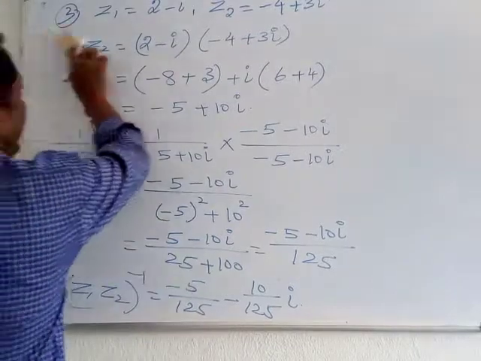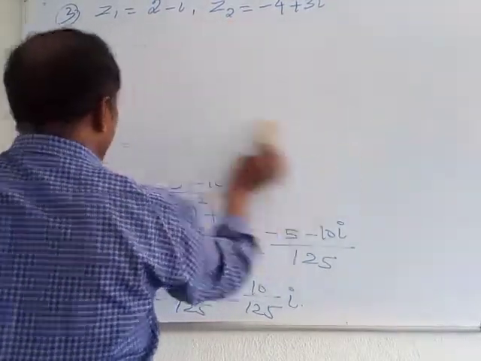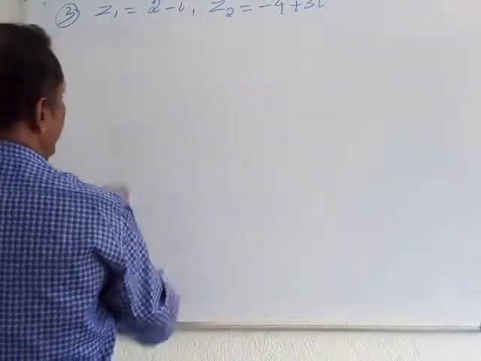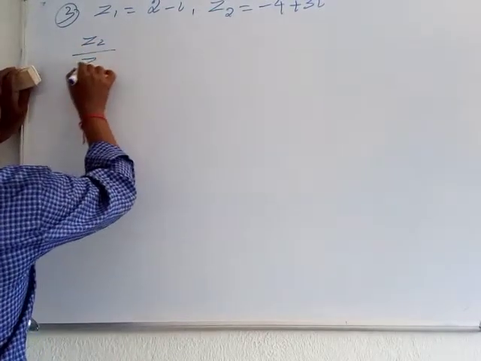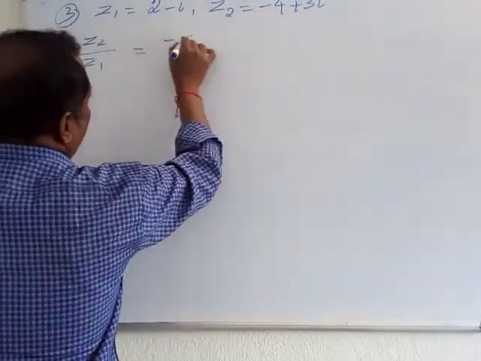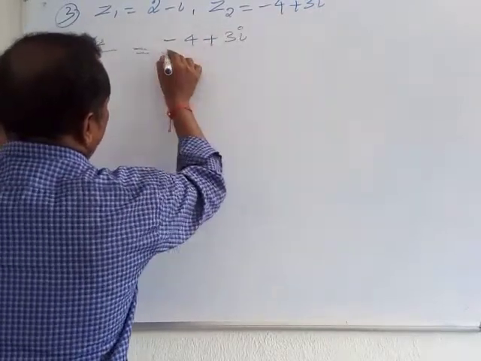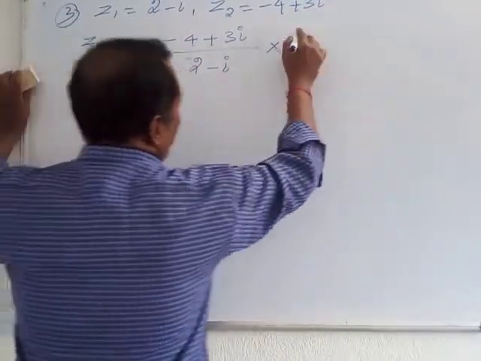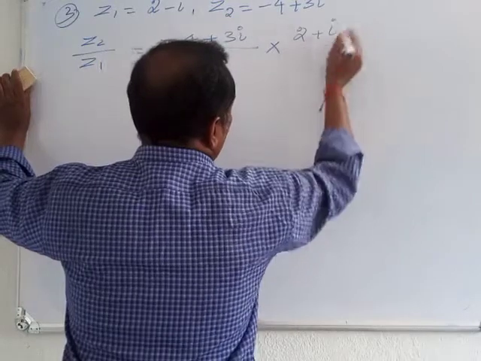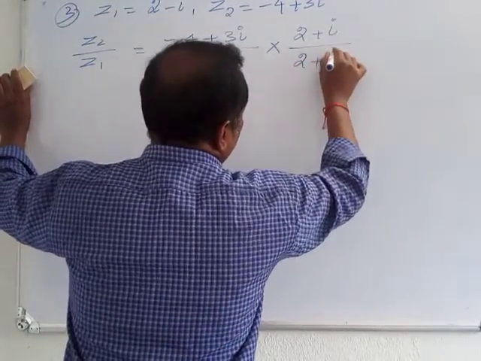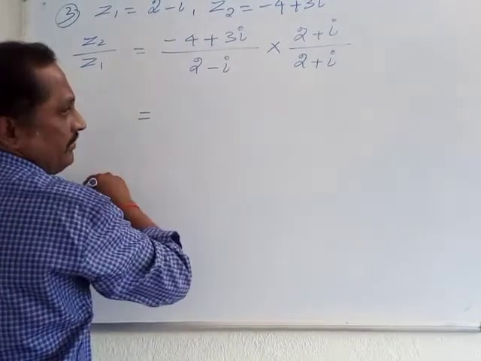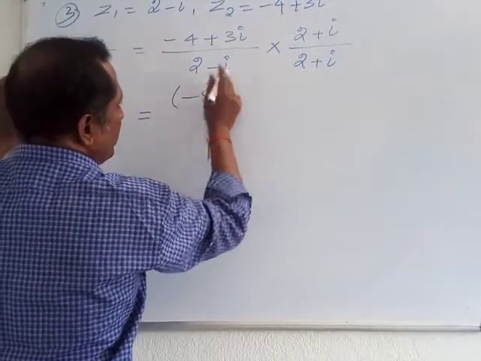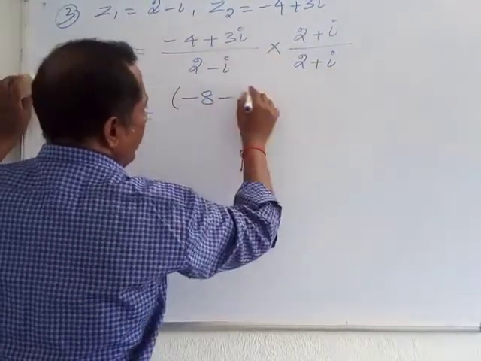Next, the second one, the inverse of z1 by z2, is equal to z2 by z1. So you have to calculate z2 by z1. z2 is minus 4 plus 3i divided by z1, which is 2 minus i. You have to multiply by the conjugate of 2 minus i, which is 2 plus i. The numerator and the denominator are multiplied by this 2 plus i. Real into real: minus 8, signs are the same, minus 3 ones are 3, so minus 11.